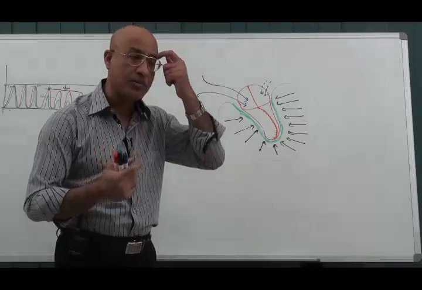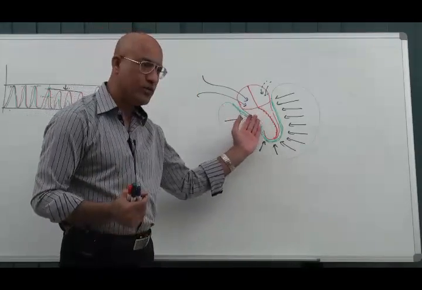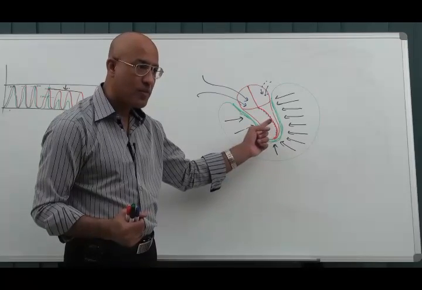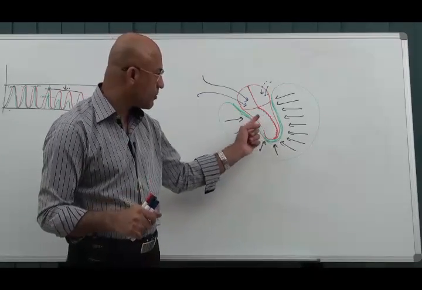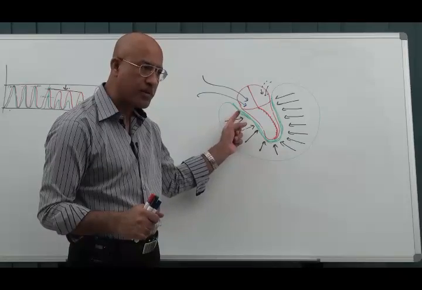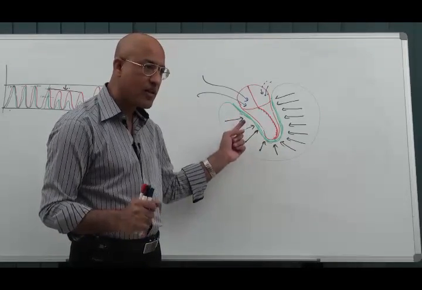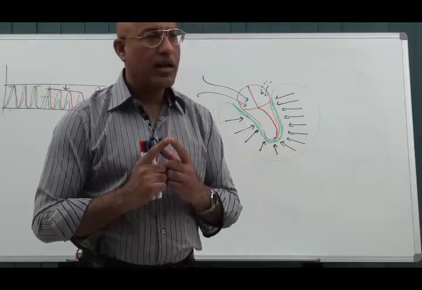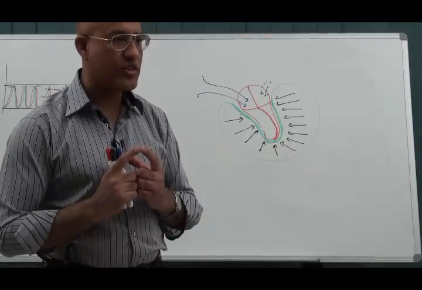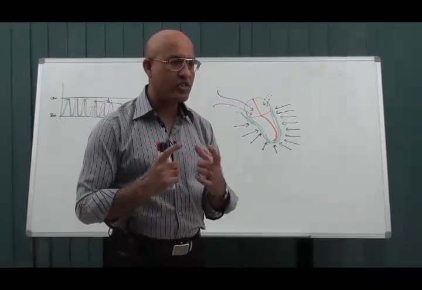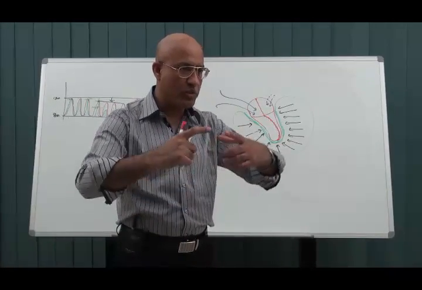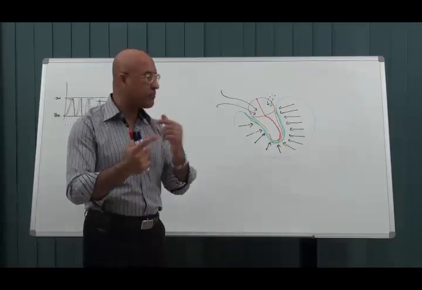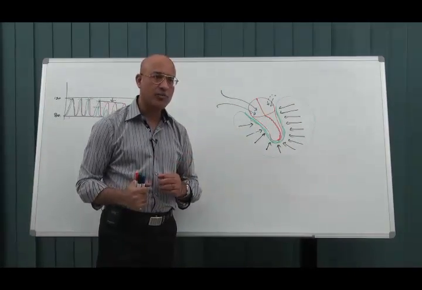I told you in a normal person also very little deflection of the septum occurs to the left. But why in a normal person is there little deflection? Because the right chamber is expanding in all dimensions. But in cardiac tamponade, the cardiac chambers are encased in a small and fixed space surrounded by a fluid-filled cavity which is not expandable, and both chambers have to compete for ventricular filling.